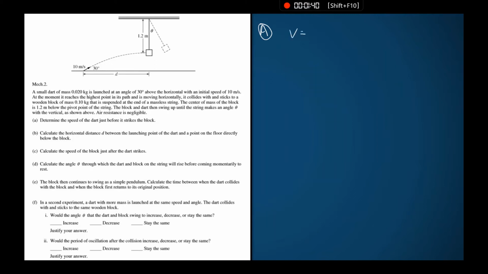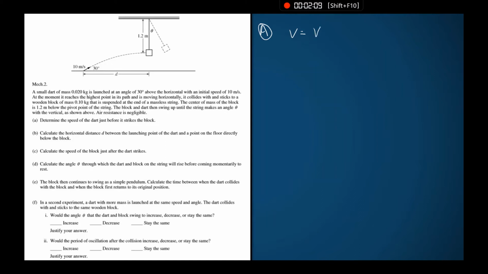Okay, V equals, say one more time. Initial plus AT. So that would be looking at this one-dimensionally. V cosine theta.